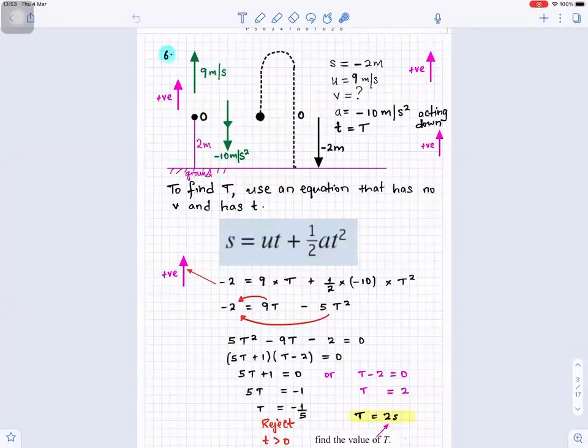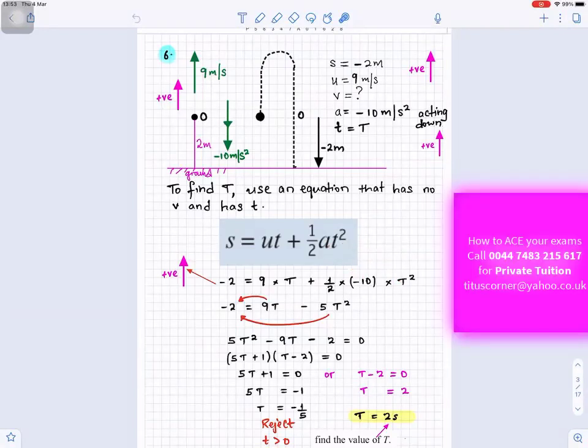So s, displacement, is minus 2, because going up is positive and the ball ends up 2 meters down. s equals ut, u is 9 meters per second, we write t as capital T, plus half times minus 10, because it's coming down so it's negative, times capital T squared.